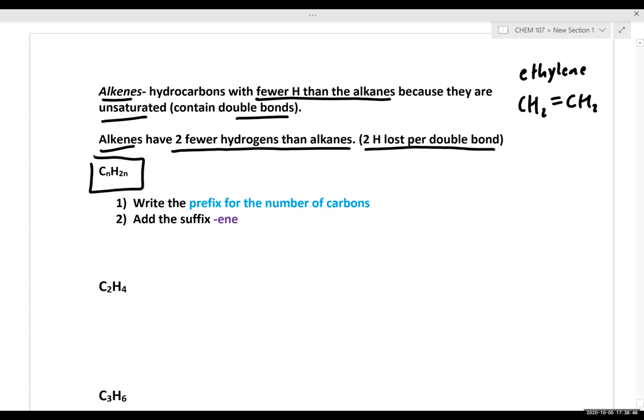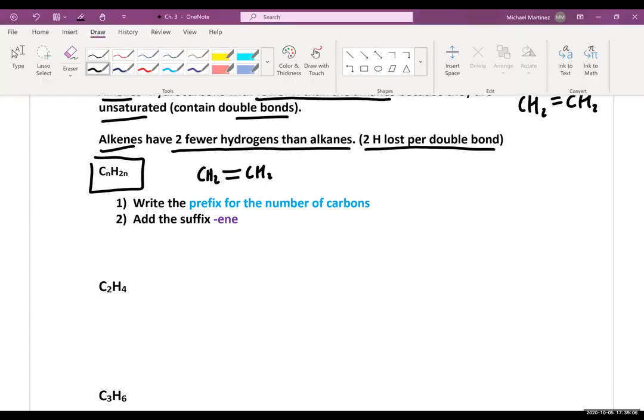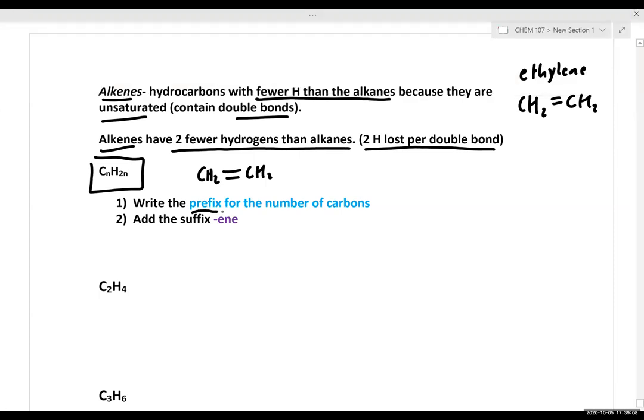Now, remember, alkenes are denoted by the presence of a double bond. So if you see a double bond and only carbons and hydrogens, you're dealing with an alkene. To handle an alkene, just like before, we write the same prefix for the number of carbons, and then we add the suffix ene.